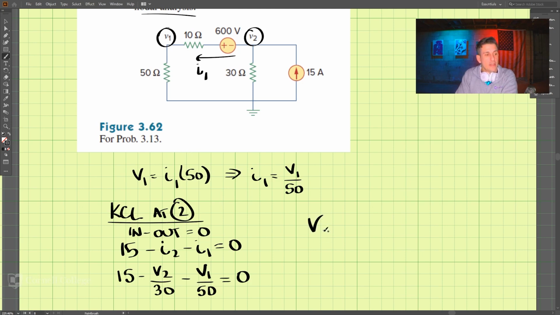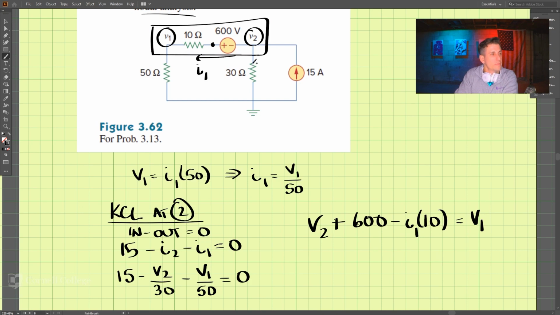We have V2 plus 600, that's this, plus 600, would be at this point here, minus I1 times 10 equals V1. So that's this relationship right here. V2 plus 600 minus I1 times 10 equals V1. This is an important relationship.